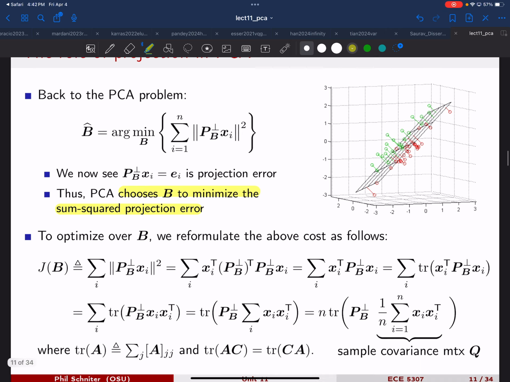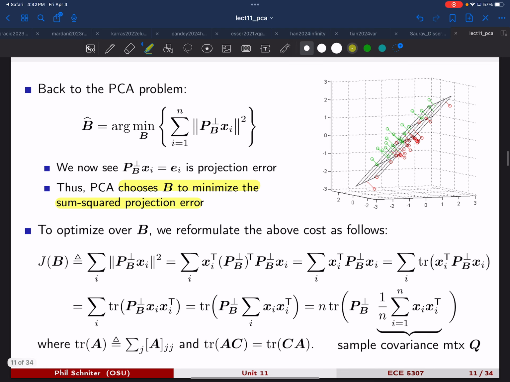Now we have to get into some of the linear algebra for how we actually do this. Let's define our cost as JB, and we know from above what it is. Now if I have a vector, I'll call it little a, then we know from unit 1 that the norm squared is a transpose a. That's another way of writing the Euclidean norm squared.